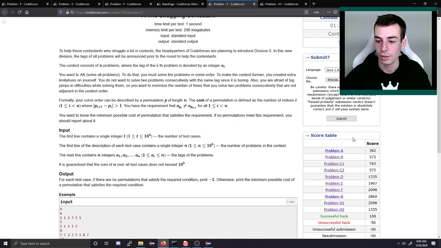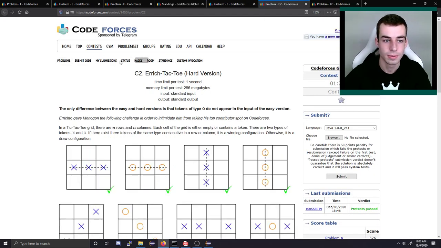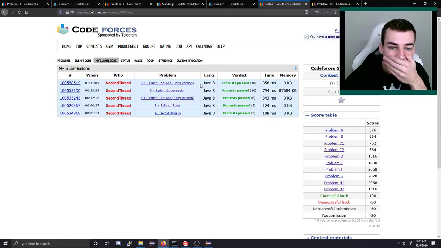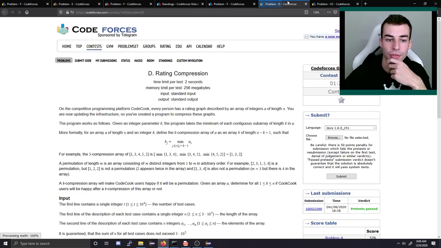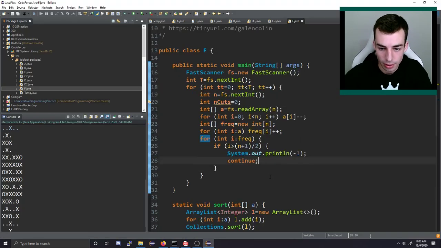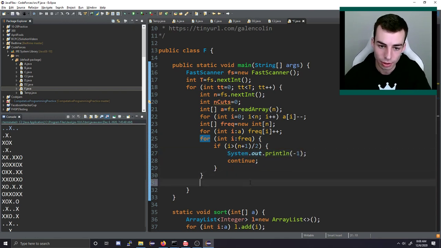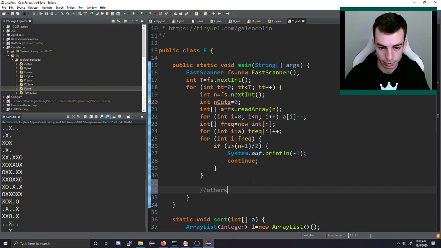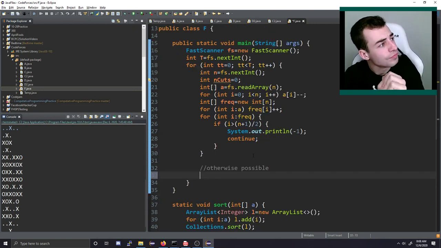Oh, 1 second. Okay. Did we have a 1 second time limit with this? That was for D. What was time limit for D? 2 seconds. Good. Okay, so then print -1. Yeah, because that's impossible. Okay, good, good. Otherwise it's possible.